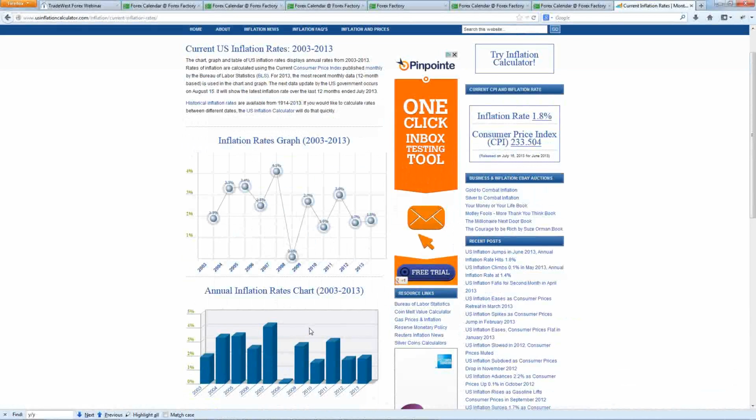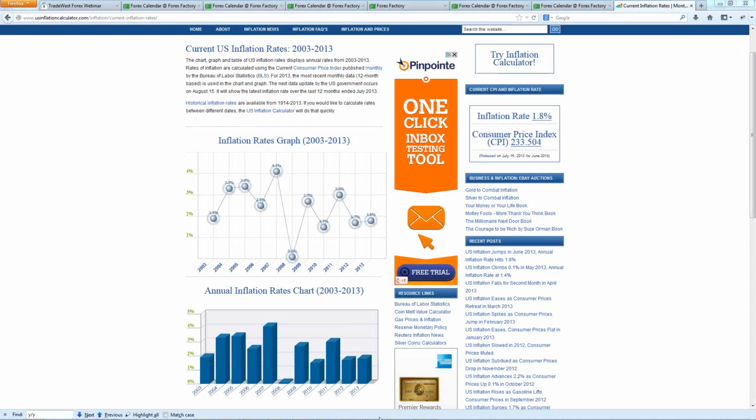We can see that the annual inflation rate was sitting at 1.8, 1.7, but you see here in 2011, 3%. So see, we were over 2%, even in 2010, we were over.